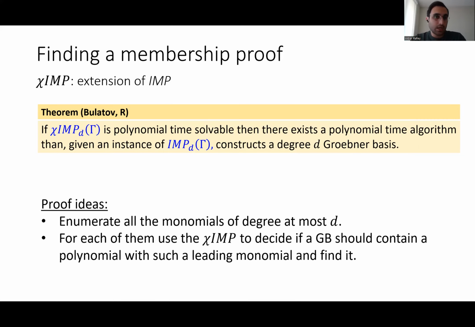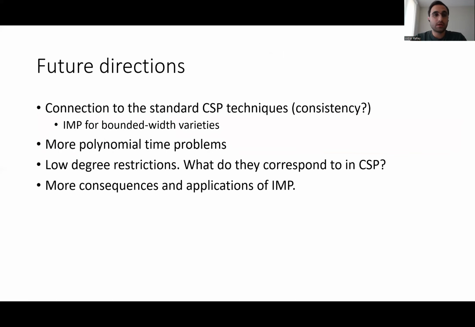Let me finish the talk with a couple of questions as future directions. There is more between CSPs and IMP, such as the techniques that have been developed for CSPs. So, for instance, consistency: what does it mean in terms of IMP?